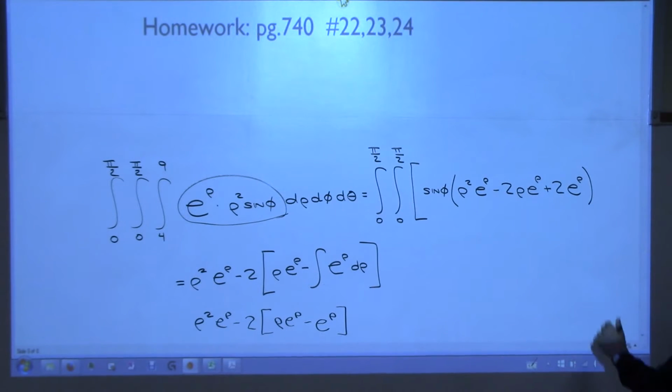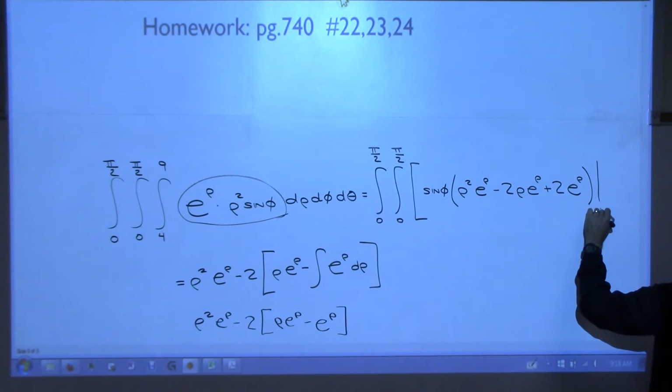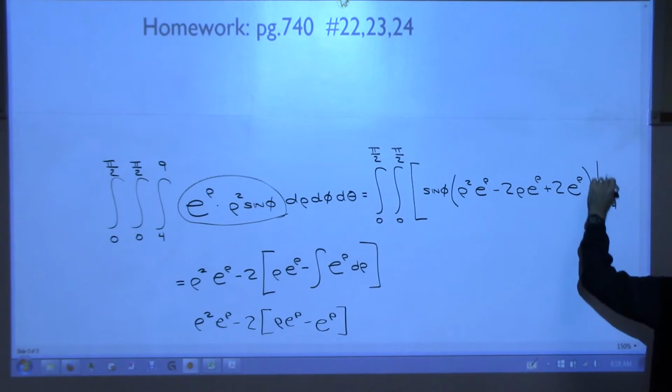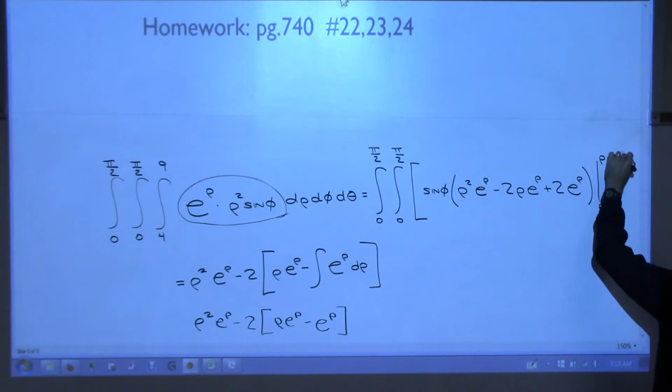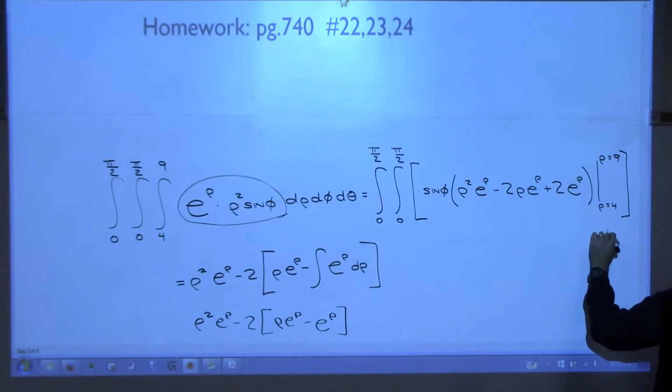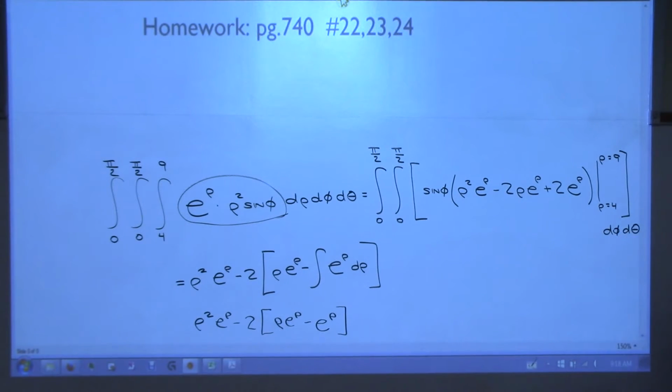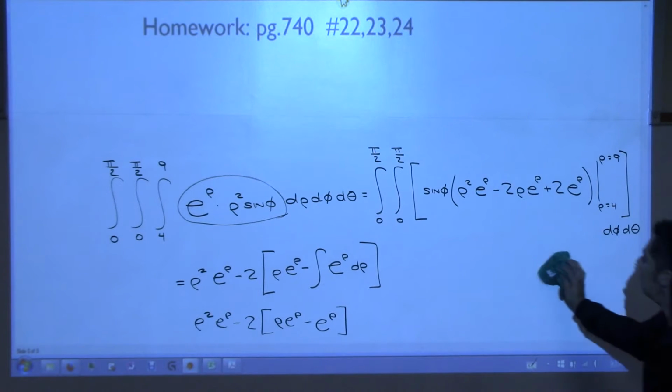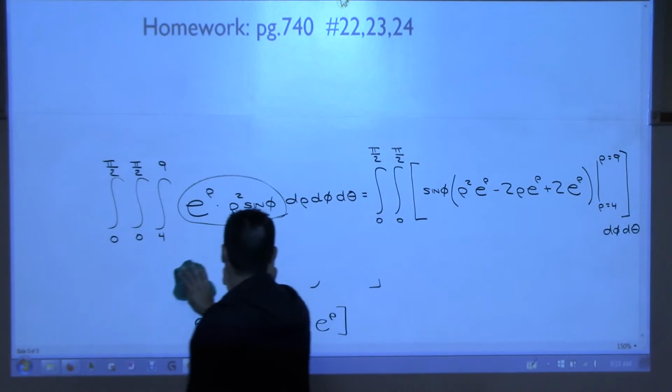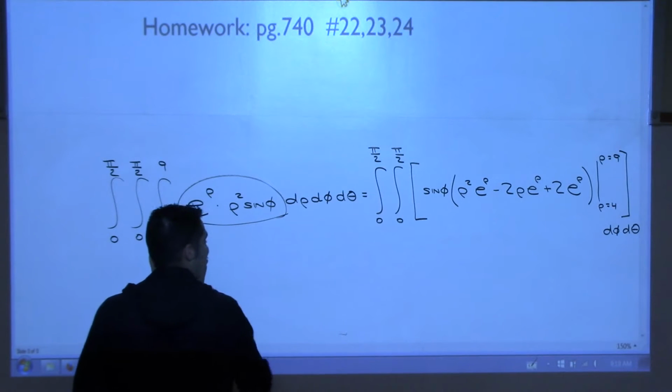And I'm evaluating that from rho equals 4 to rho equals 9. And then I still have d phi d theta. So I've got to replace all my rhos with 9 and then all my rhos with 4 and then subtract.